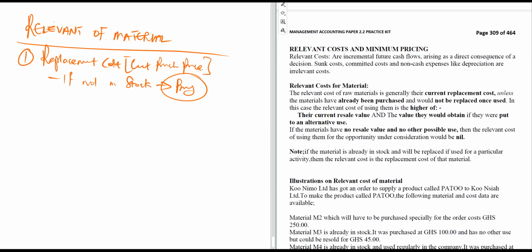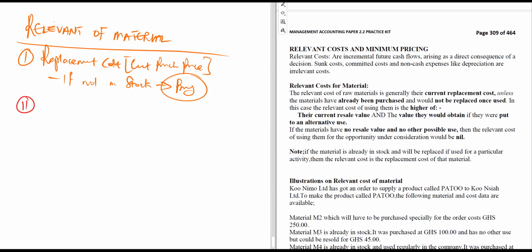Let's look at the next type. The second is, if a material is used often. Look, a material that is always used. Let's say the water in your fridge that you drink on a day-to-day basis. If you have a program at your house and you use that water, don't you replace it immediately?